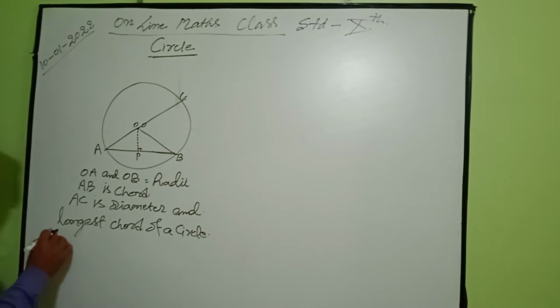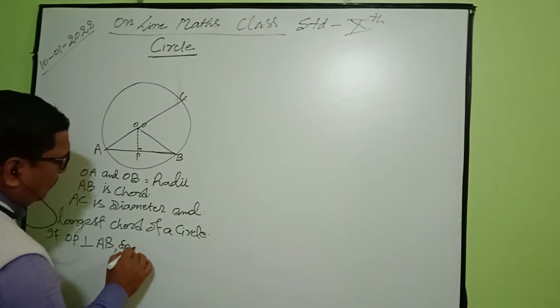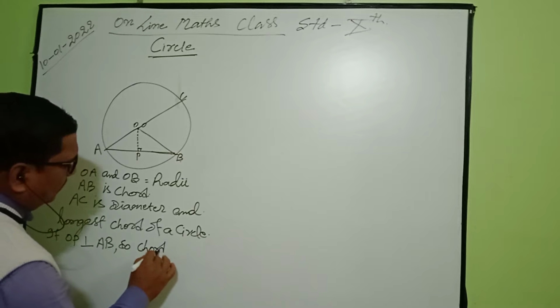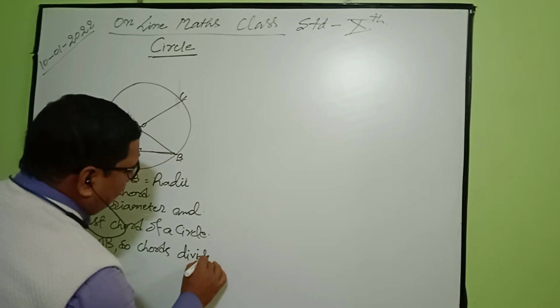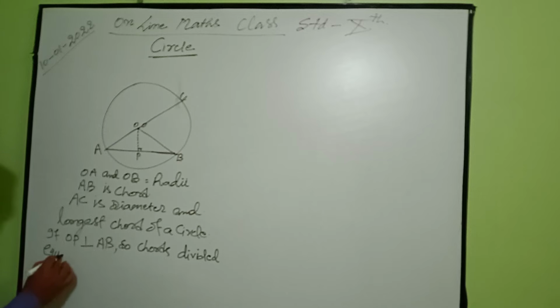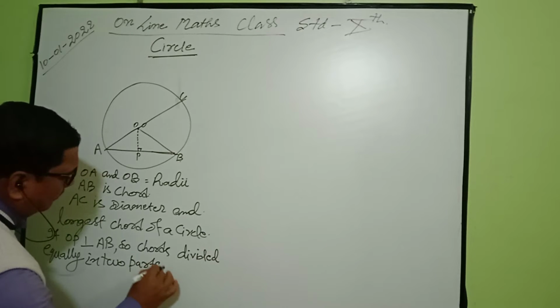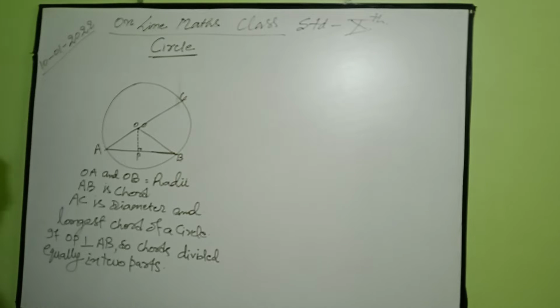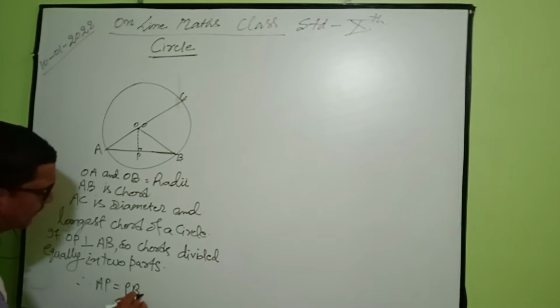If OP is perpendicular to AB, the chord is divided equally into parts. That is, therefore, AP equal to PB.